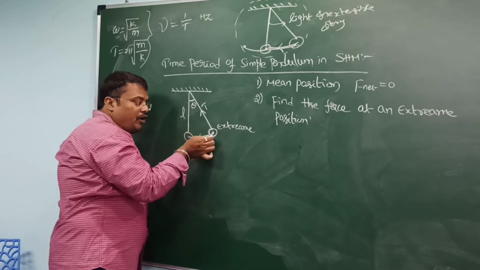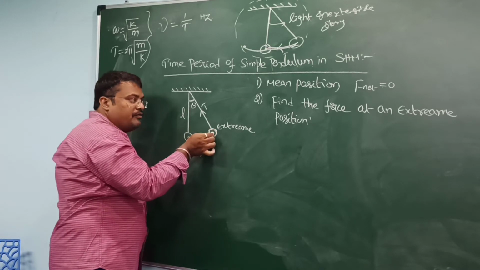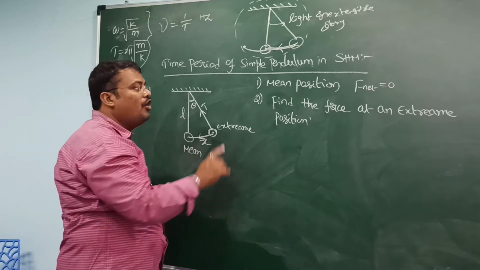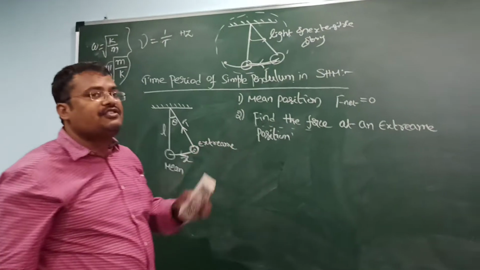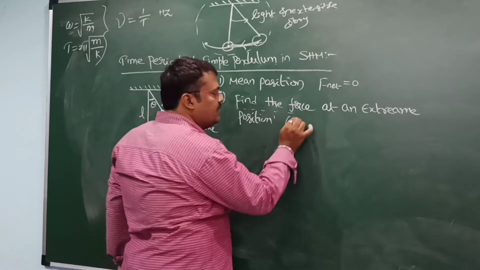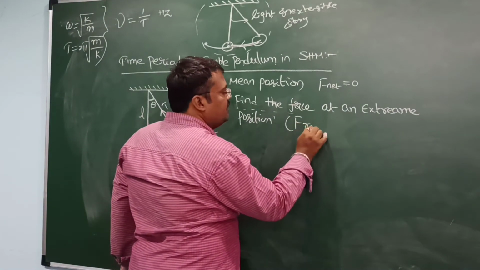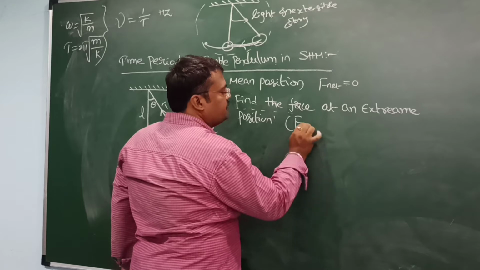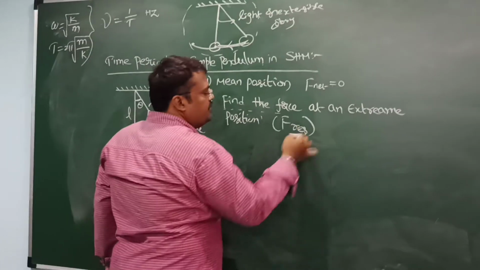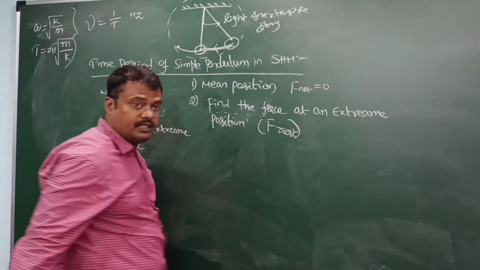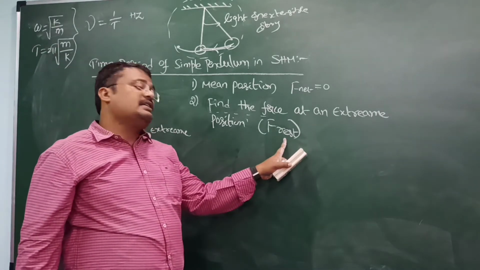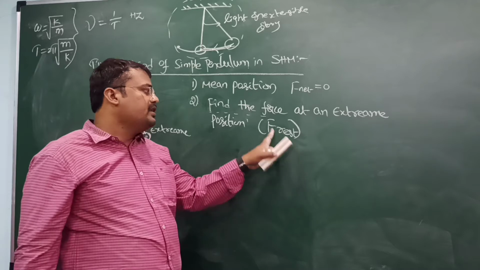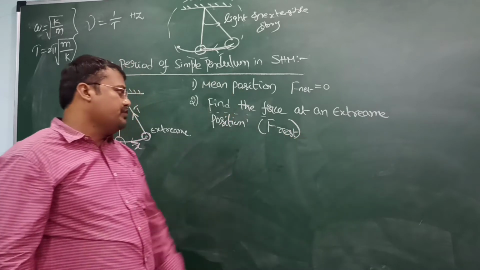Means in the bob, automatically some force exists. That force we have to find at an extreme position. That force is nothing but the restoring force. F rest, I want to write like this. F rest means the bob is at rest position normally. The bob contains restoring force here.